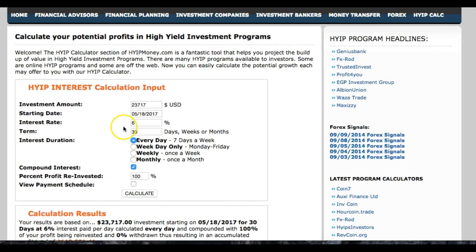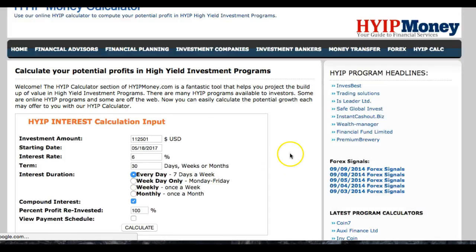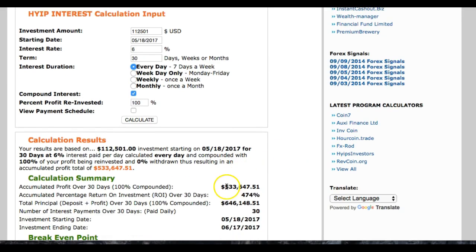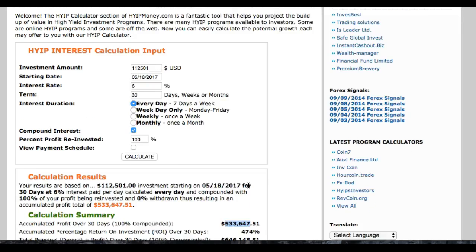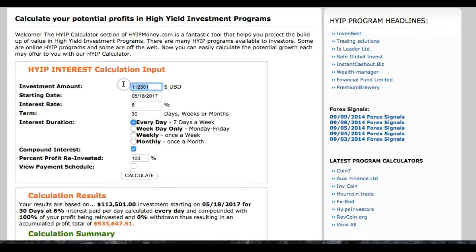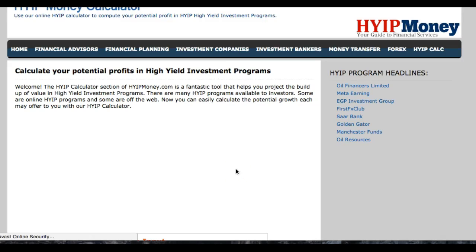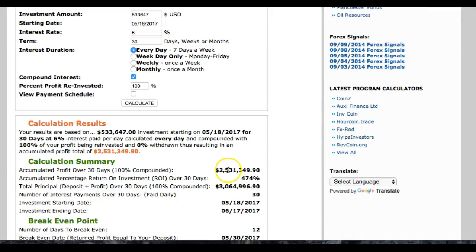Okay. And at the end of the second month, so going into the third month, reinvesting, compounding daily, that 105 would turn into 533,000, and then into the fourth month, that would turn into 2.5 million, according to the figures here.